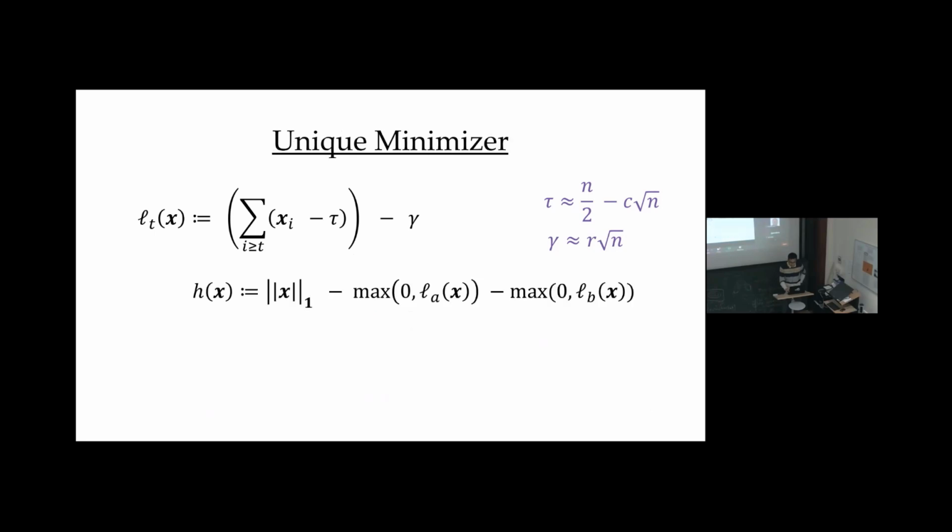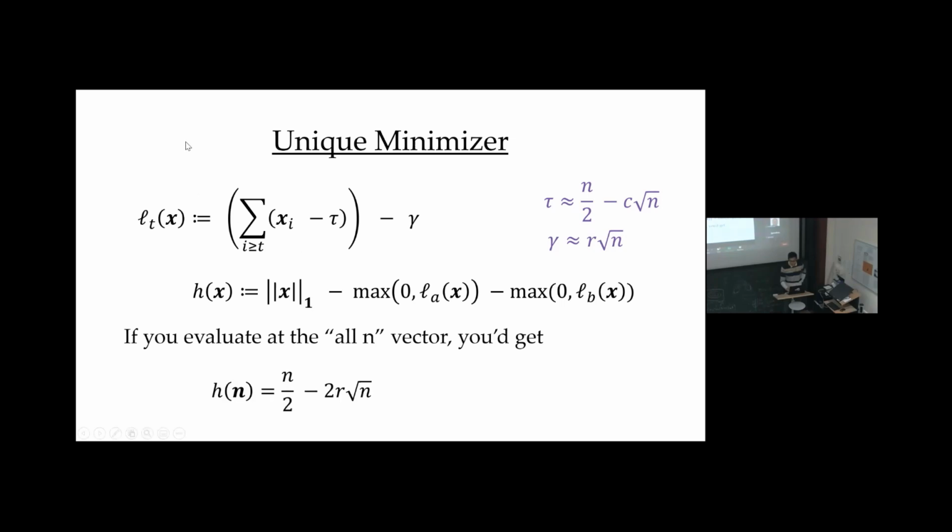And maybe finally, why is cube root n coming in? Well, when you look at the function this way, you want that the all ones function or the all n function should not be the minimizer. So if you calculate the value of the all n function, and I'll spare you this calculation, but it's not that hard to see, it evaluates to n by 2 minus 2r root n.